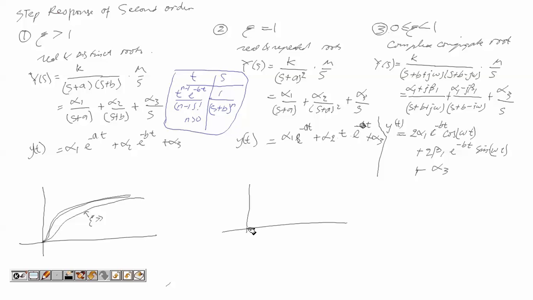The response will be like this, something similar to the first case, but now the response is faster than the first case. And for the third case, the response will keep oscillating, like this.